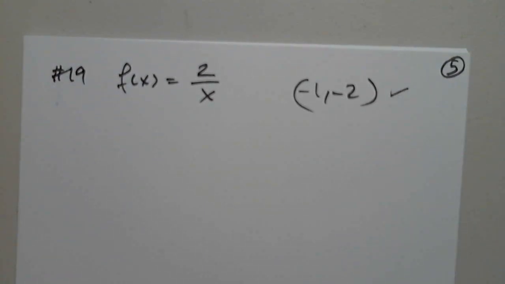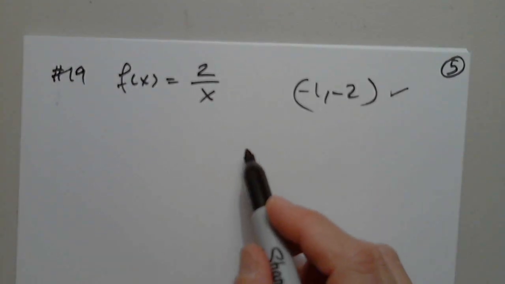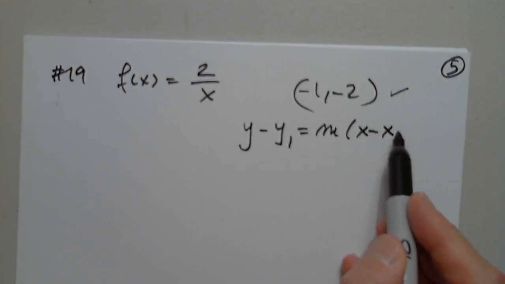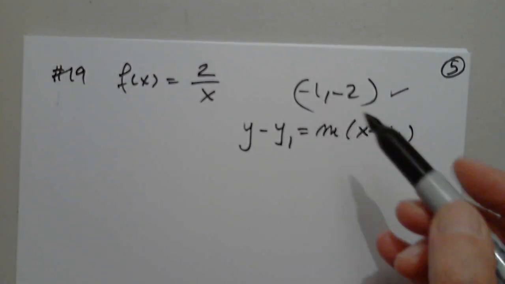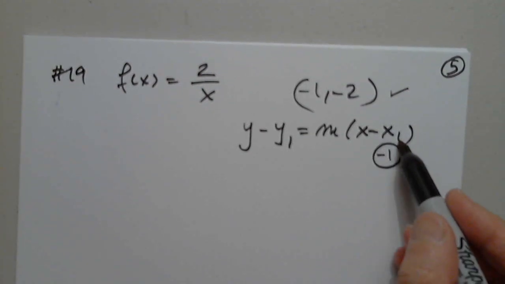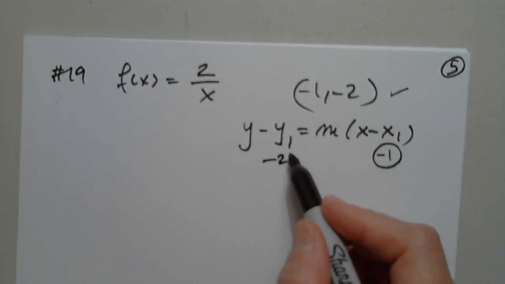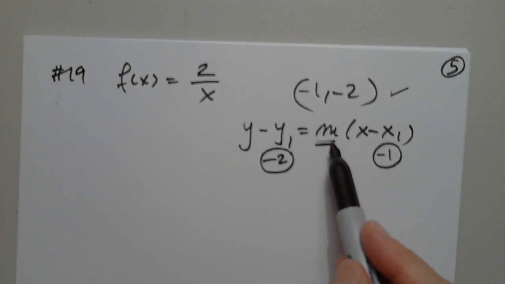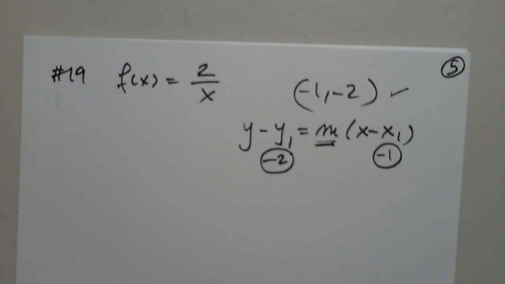That's correct. Good. So they're asking us to find the equation y minus y1 equals the slope times x minus x1 for the point -1 for x1 and -2 for y1. But I'm missing the slope. Can anyone tell us how we can determine the slope?